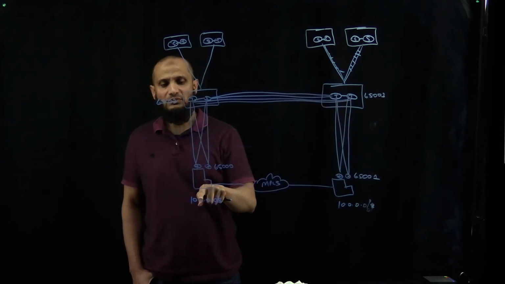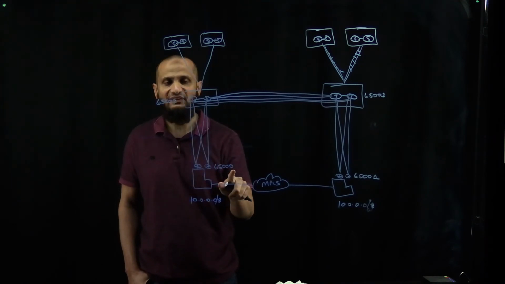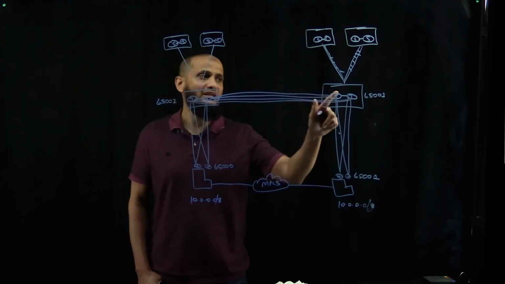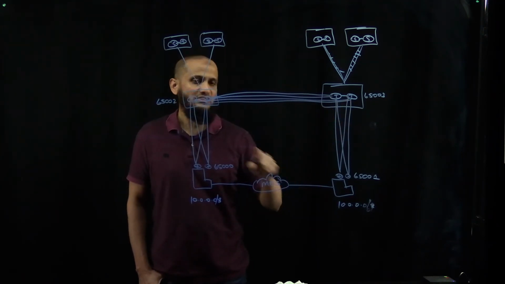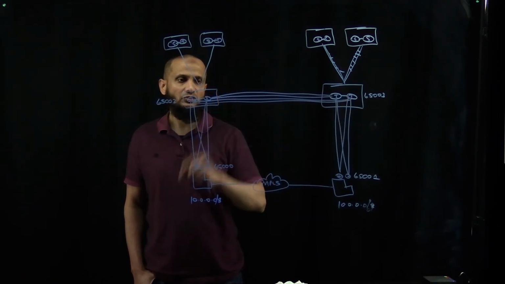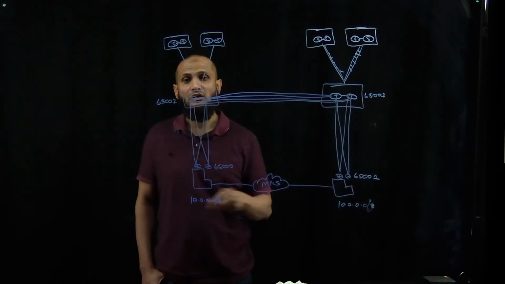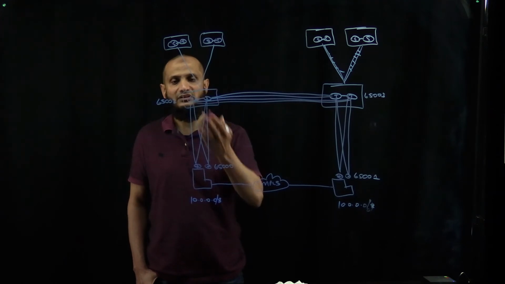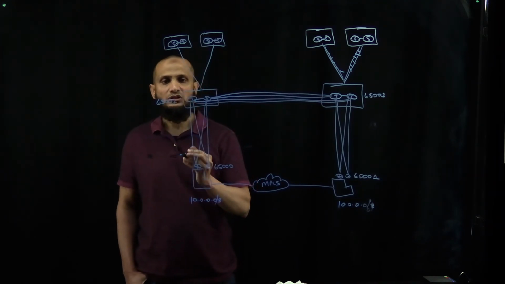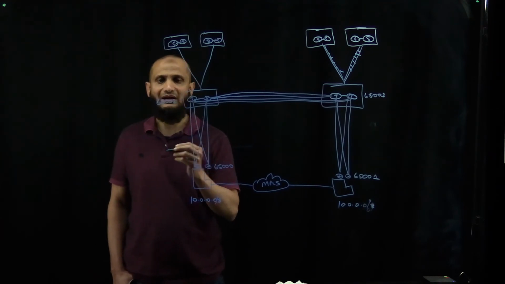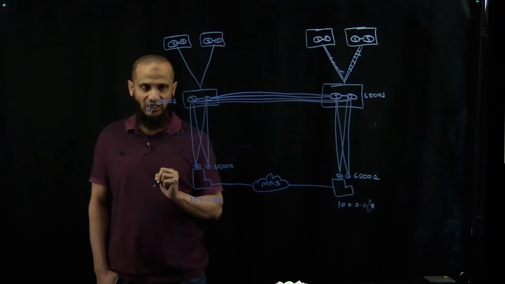From on-prem, it is receiving with AS path length of 1, just 65,000. While from its partner, which is the transit peering, it's receiving with the AS path length of 2, 65,003 plus 65,002. So which one is it going to prefer? Definitely it's going to prefer the locally attached data center over here. So its preferred best route is going to be in this direction for 10/8.